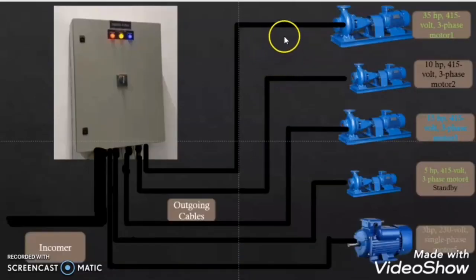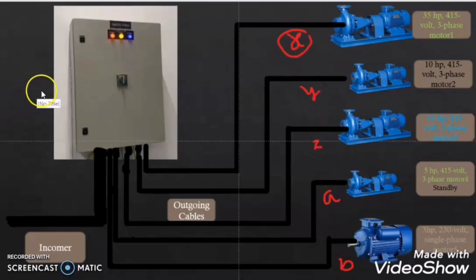What does it mean? It means that suppose this motor's full load current is X ampere. For this motor it is Y ampere. For this motor it is Z ampere. For this motor it is A ampere, and this one has B ampere. These are the full load currents of these motors. And suppose this X is the highest full load current rating among all these ratings.